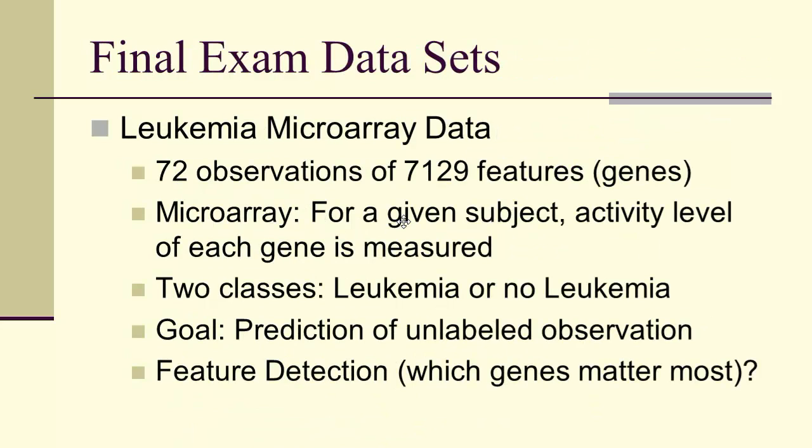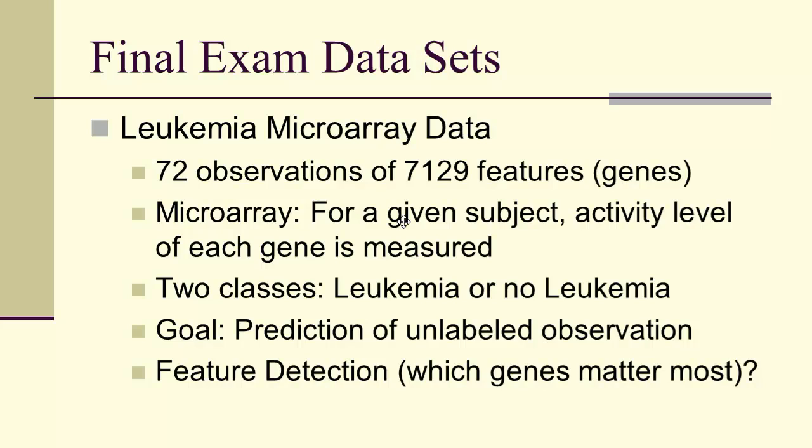So on the final exam, we're going to be doing this hierarchy. We're going to be looking at various data sets. So we're going to look at leukemia, microarray data, 72 observations of 7,129 features, or genes. And these are microarrays, which means for a given subject, we measure the activity level of each gene.